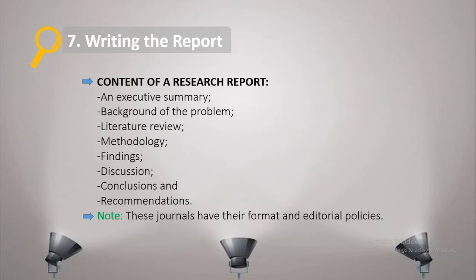The content of a research report should begin with an executive summary. There should be an abstract in an article, or a summary in a thesis or book. The background of the problem should be written after the summary, and the literature review should be a 2 to 3 page document in which you explain the literature in detail, by year or by topic. The next section is methodology, then the findings of your study, which are the results, and then the discussion of results.